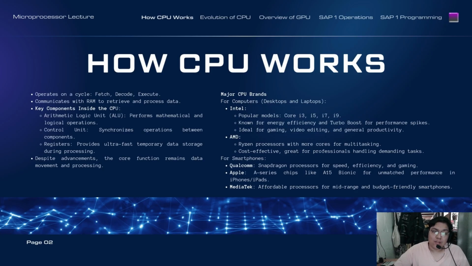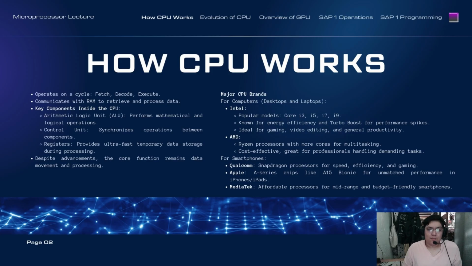And the CPU communicates with the RAM, or the random access memory, which temporarily stores data, retrieving instructions and information as needed. So for example, when you open a program, the CPU fetches the program's data from memory and processes it to display on your screen.